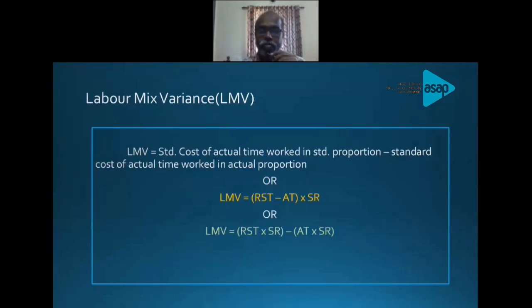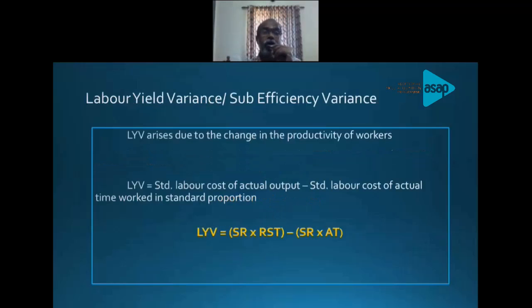Okay. Moving on. Labor mix variance. Another one is labor yield variance, or we call it sub-efficiency variance. Labor yield variance arises due to the change in the productivity of the workers.